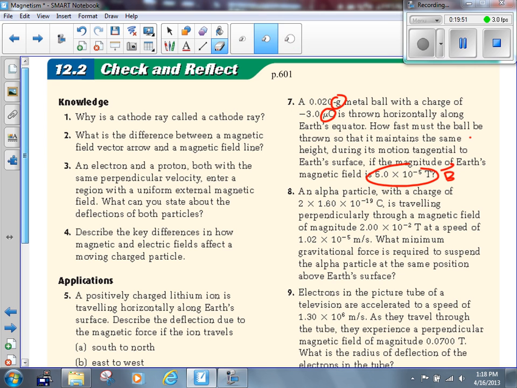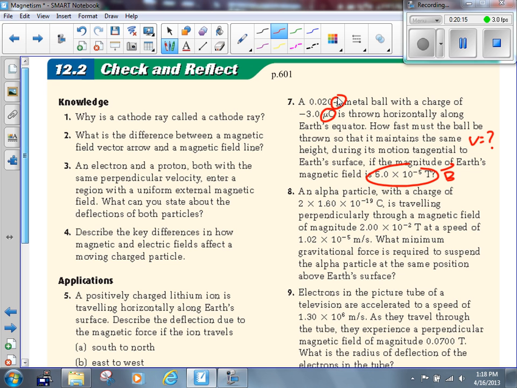That's not unknown. It's the speed that we're looking for. Now, I told you that every time a charged particle moves in a magnetic field, it experiences a centripetal force. That's not quite true. It's a bit of a lie. If the magnetic force is the only thing affecting it, it will go in a circle. But here there's got to be something else acting on it, because we're told specifically that it's not going in a circle.